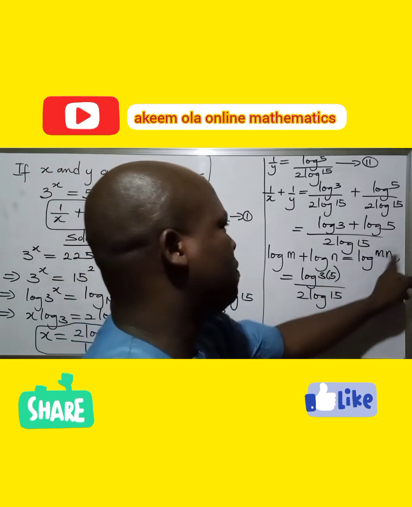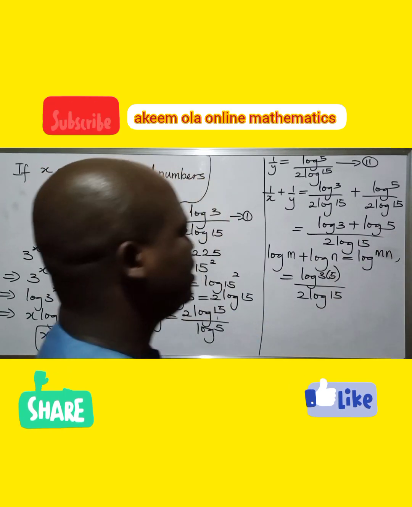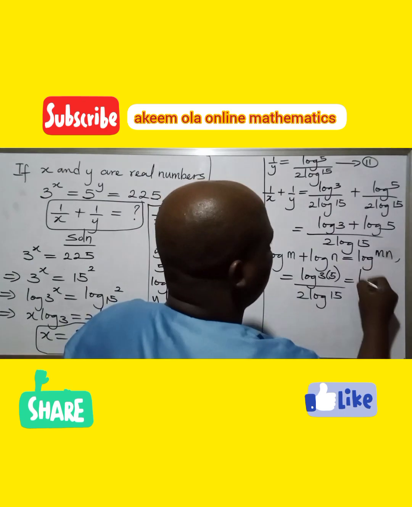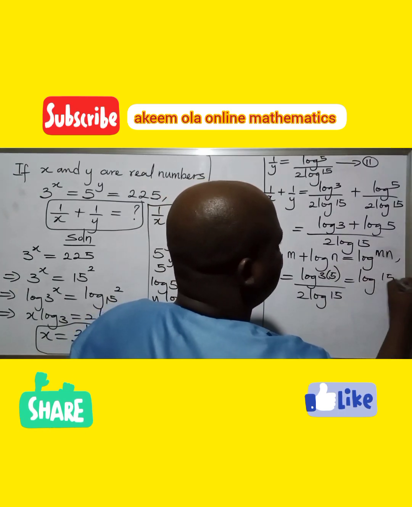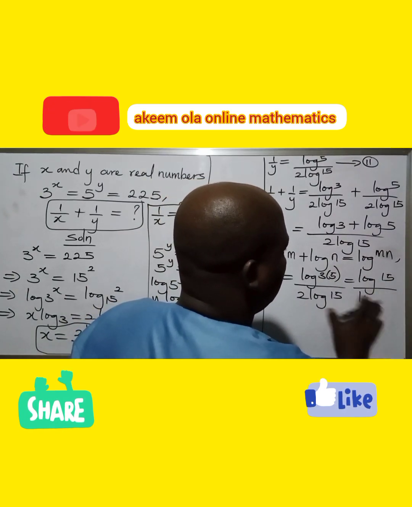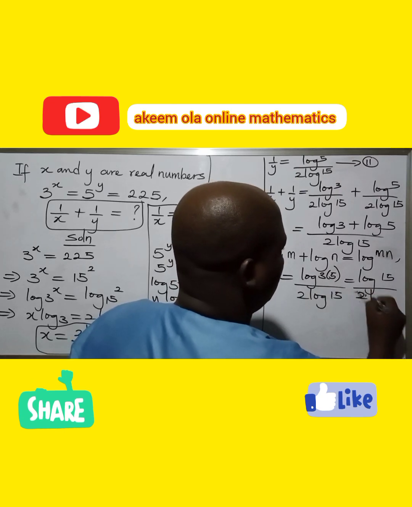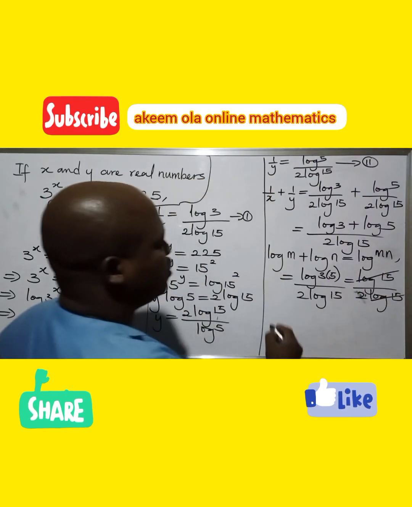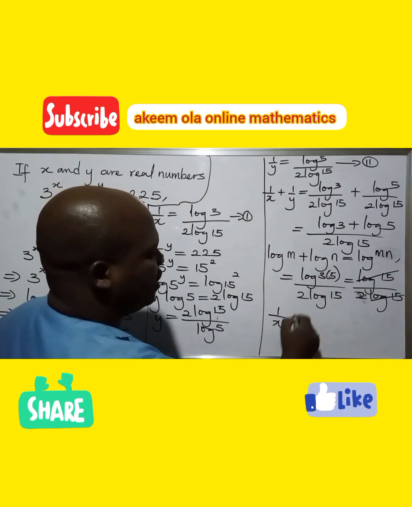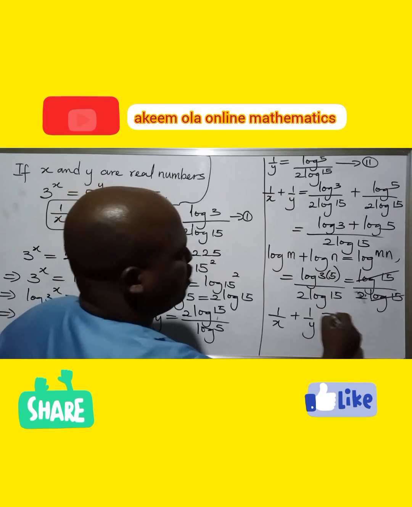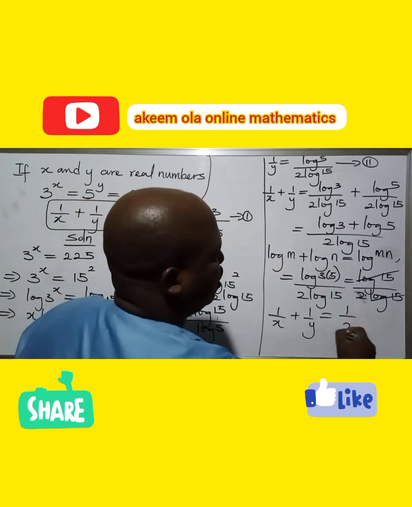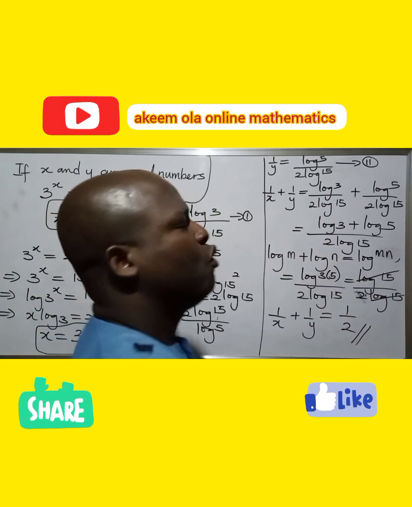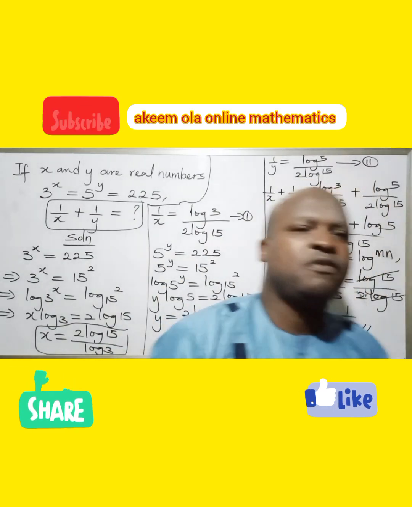So if you multiply it together, this will now be equal to log 15 all over 2 log 15. So from here, this will cancel. So 1 all over x plus 1 all over y will now be equal to 1 all over 2. We are going to stop here for now.